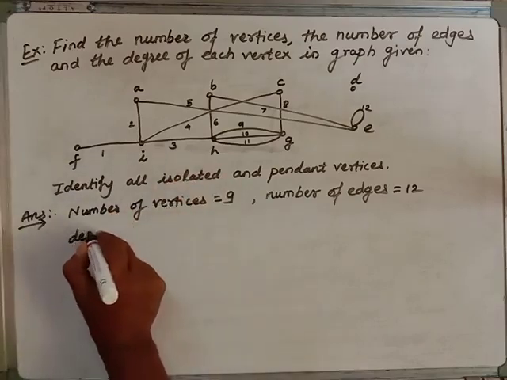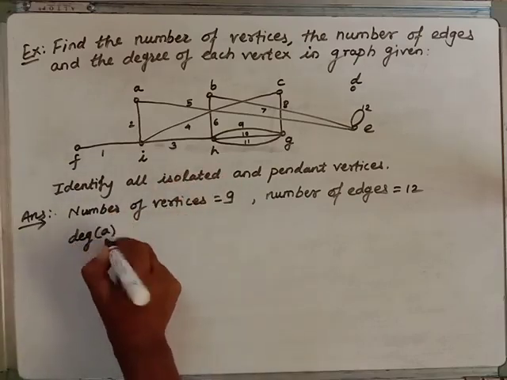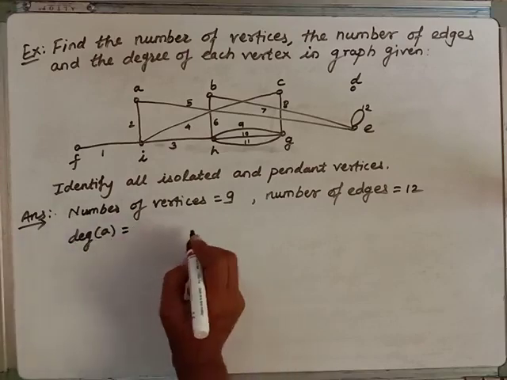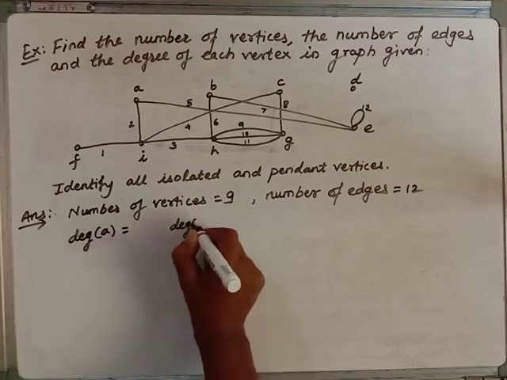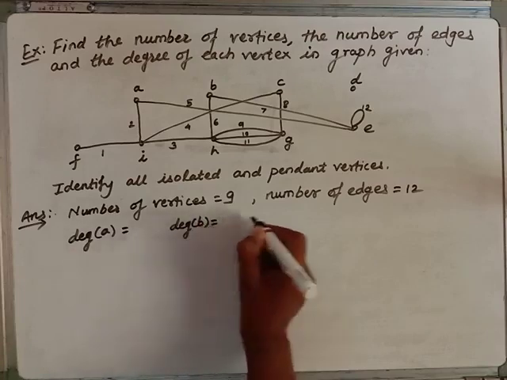Now degree of each one. Let's find degree of A. Let me write all and I will explain it so that we can easily write them.